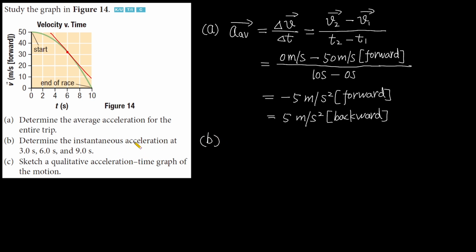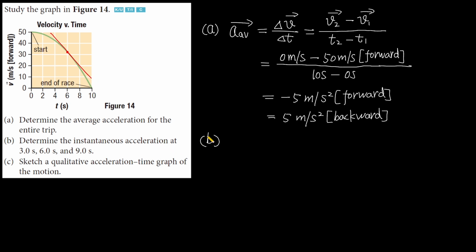The instantaneous acceleration at a time point equals the slope of the velocity time graph at that time point. And the slope of the velocity time graph at a time point equals the slope of the tangent line at that time point.